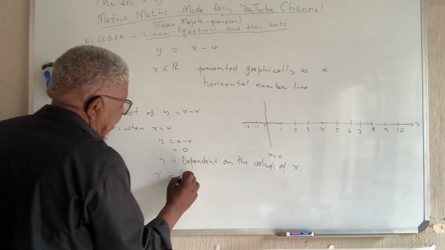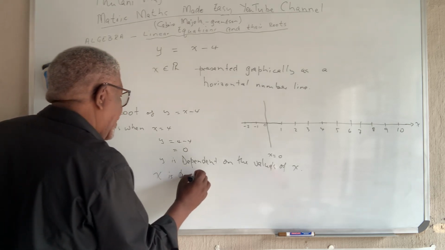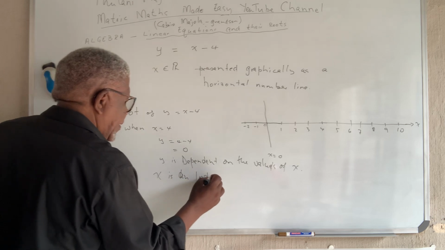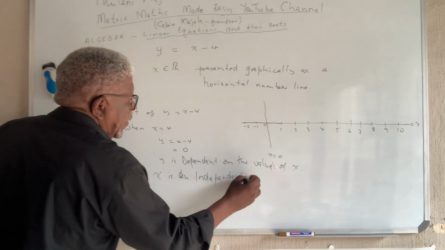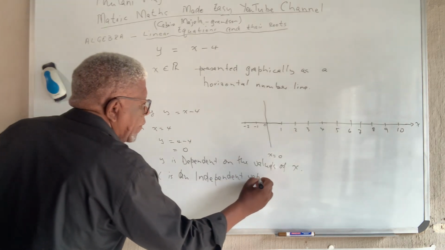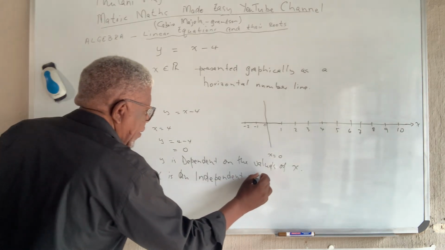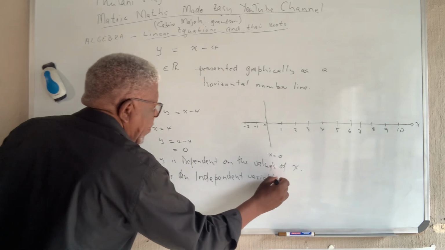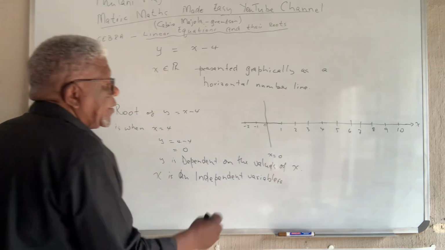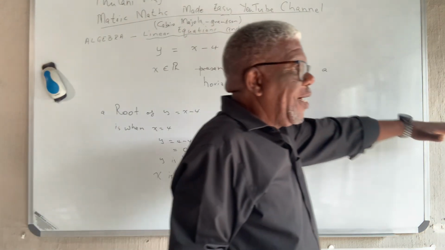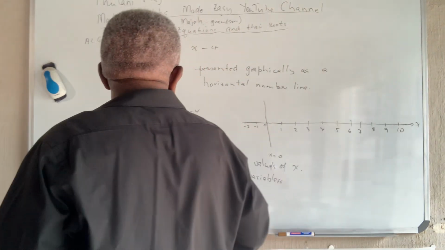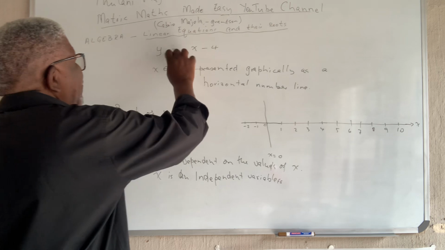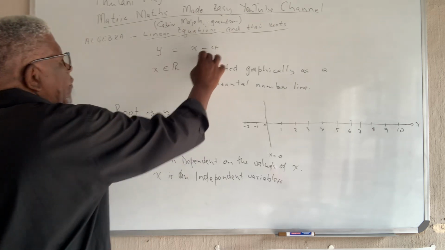Your x is an independent variable, or variables. So x are independent variables. These ones on the horizontal number line are independent variables, whilst y is a dependent variable. So y is dependent on the values of x.